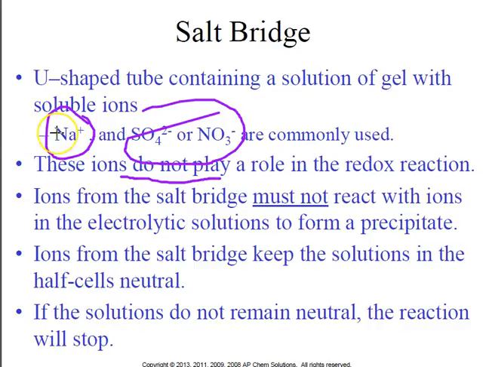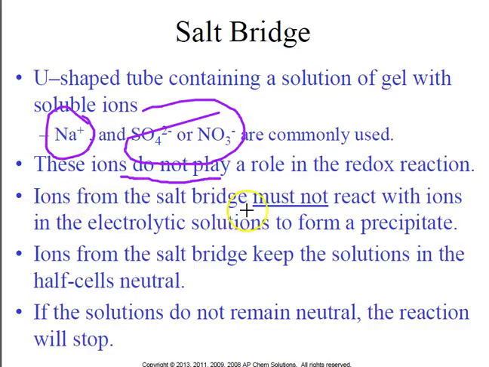Sodium is a good one to use because it's usually soluble and non-reactive, and nitrate is also a good one because we know all nitrates are soluble. Sulfate can get you in trouble if you have something that it forms a precipitate with. So I usually try to stick to sodium nitrate or potassium nitrate.